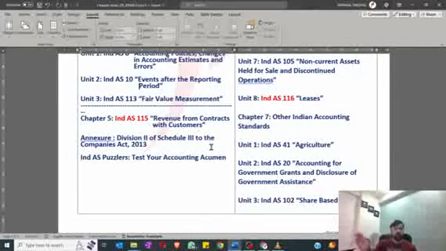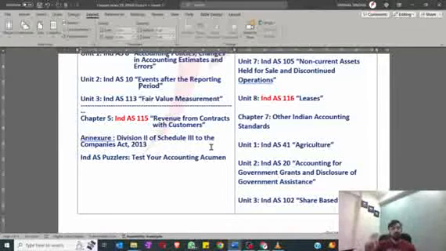Among them, one is Schedule 3, which talks about how to prepare the financial statements of companies in India. There are 2 divisions, Division 1 and Division 2, with regard to the preparation of financial statements having to do with the application of accounting standards.